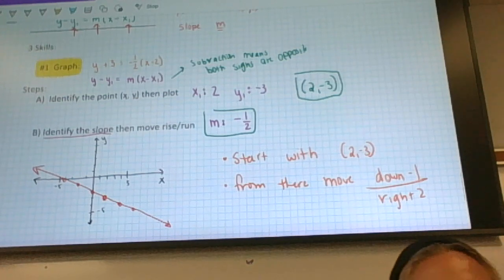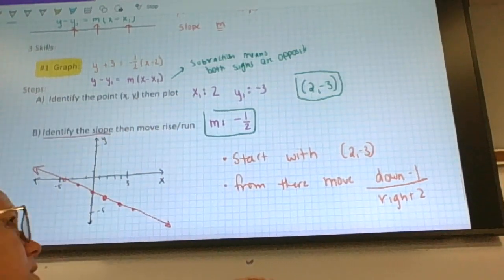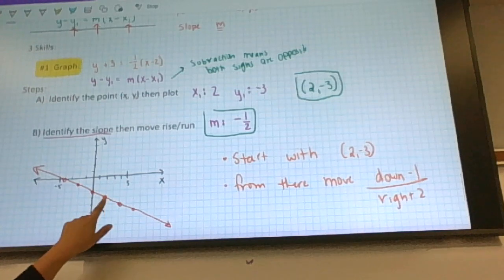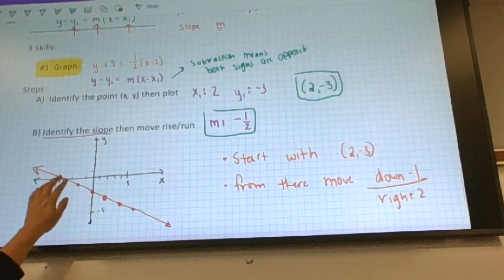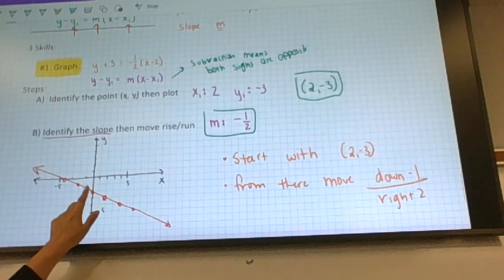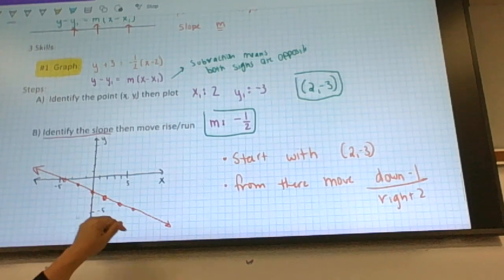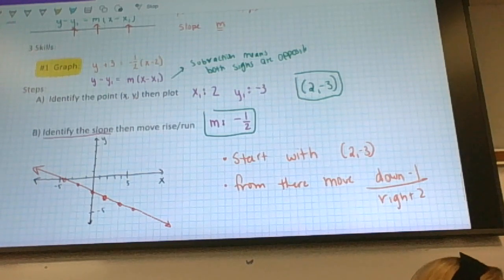So this was my 2, -3, down 1 over 2. Now, after I graphed, I see the y-intercept is actually -2. When I rewrote this into slope-intercept form, I can also see that B equals -2.